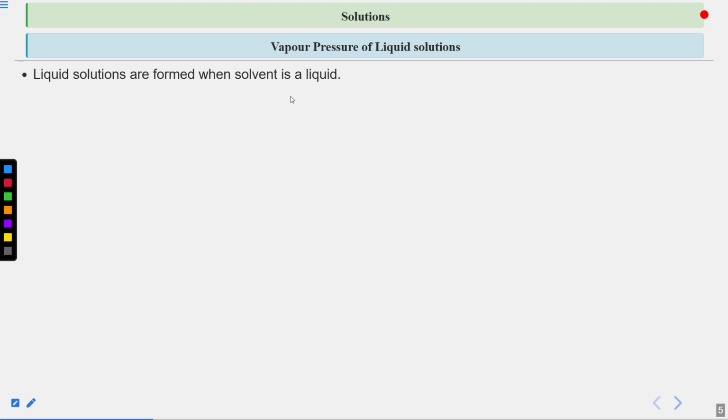You can think of a liquid solution as a solution in which the solvent is a liquid. We are not trying to define the state of the solute right now. The solute in a liquid solution can be in any of three states: gas, liquid or solid. The important point is that your solvent should be liquid.